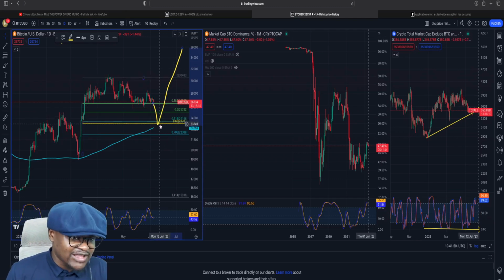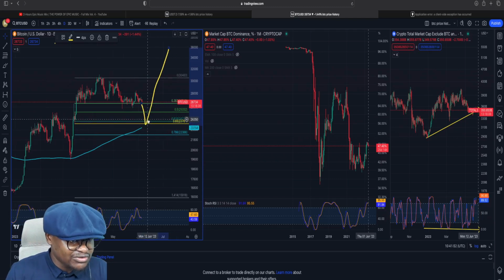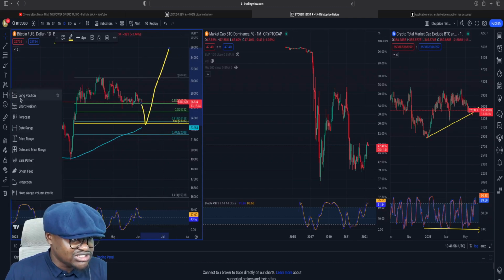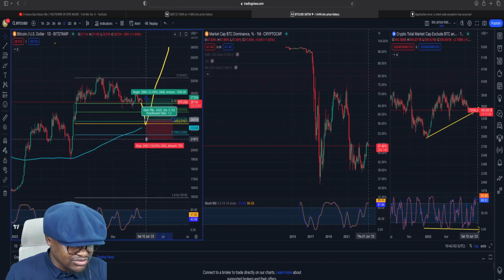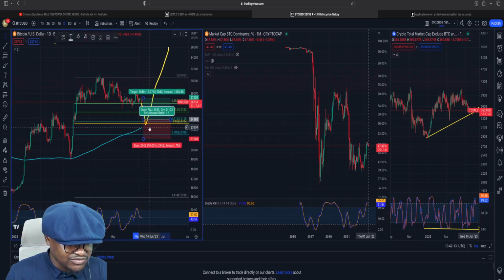So basically, that is the ideal zone right here. This will be the ideal zone for a BTC swing long position. This zone around here will be the ideal zone to get in on a swing long position for Bitcoin.